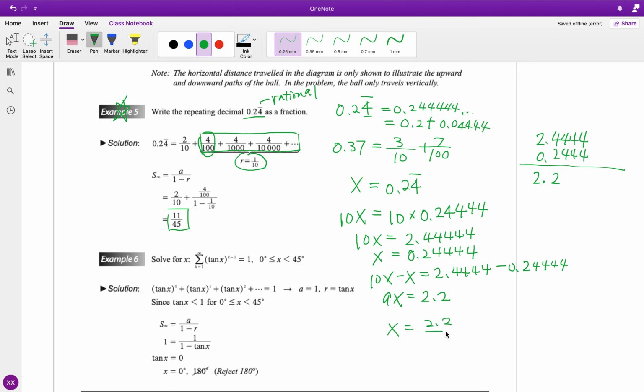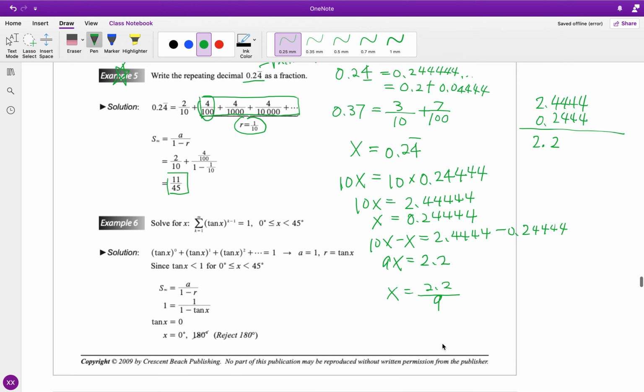2.2 divided by 9. Okay, this is not a fraction yet, but that's not a problem. If we multiply by 10, then x equals 22 over 90. 22 over 90, divide by 2 on both sides. So that becomes 11 over 45. Same answer.